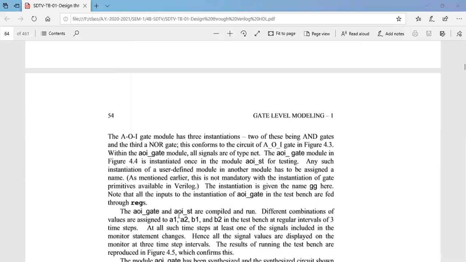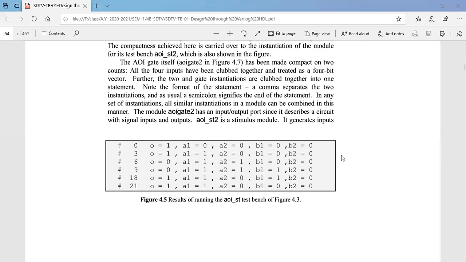This is to explain at what point of time what the input values are and what the corresponding output value is for an AOI gate. At the initial stage, all the inputs are 0 and the output is 1.